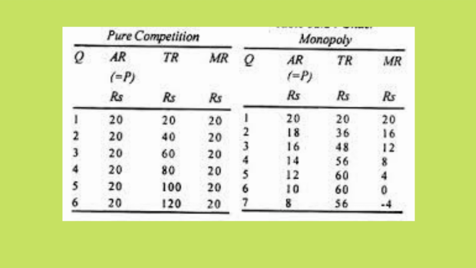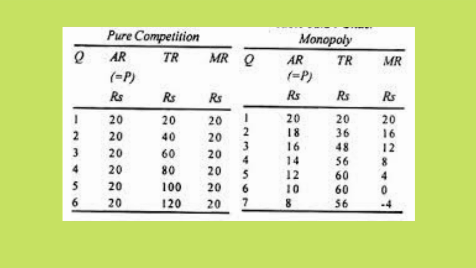But the same is not true for a monopoly market. In a monopoly market, in order to increase our sales, to increase our demand, we will have to decrease our price for the products. So we keep on decreasing our price day by day so that the demand keeps on increasing.